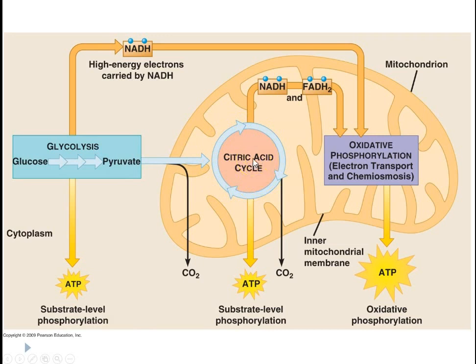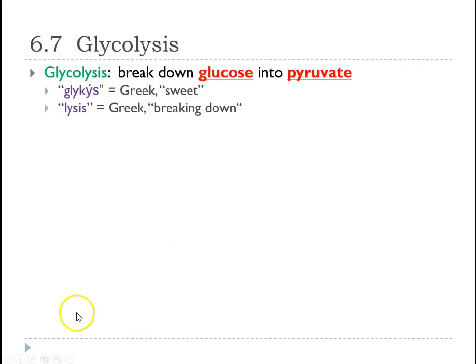And eventually, all the byproducts that we make, that I'll talk about in my next couple of videos, will go to this last thing called the electron transport chain. And this is where we're going to make the most ATP. And then this energy can get utilized in the cell somewhere, and then eventually come back to these steps to get recharged. Our first step will be glycolysis, and we'll talk about that in our next video.